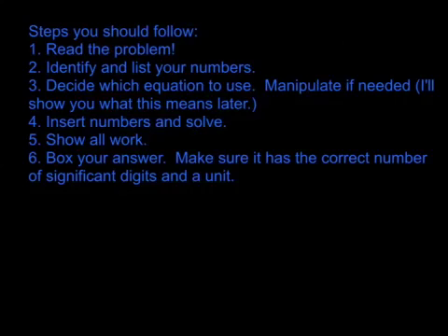You will then insert your numbers and solve. You want to show your work. You may use a calculator. Finally, you will put a box around your answer so that if I'm grading it, I know that that is your final answer. All answers must have the correct number of significant digits and a unit.